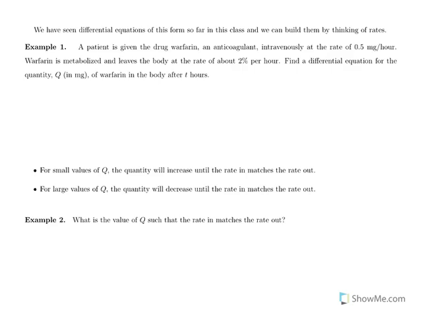We are going to find a differential equation for the quantity Q in milligrams of warfarin in the body after t hours. And we're going to set this up by looking at dQ/dt, that's the derivative that we're looking for, which is going to be the rate in minus the rate out. We're going to think about how much is going in and how much is coming out.